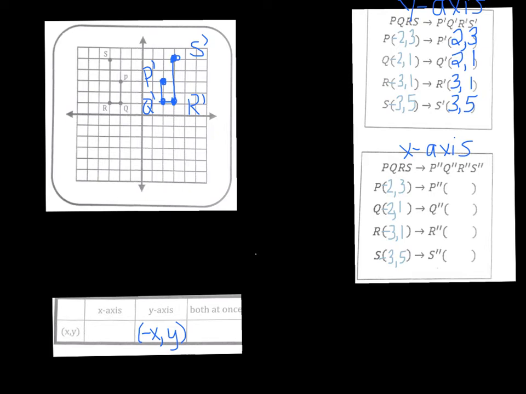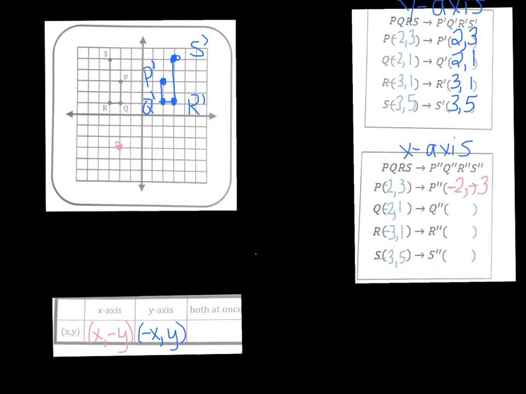Now we're going to look at reflecting it over the x-axis. Now when we reflect something over the x-axis, the x-coordinate stays the same. The y-coordinate is the opposite. So for P, negative 2 stays the same. Y would be the opposite, so it would become negative 3. So negative 2, negative 3 would be this point here.